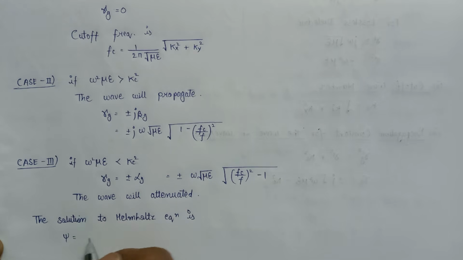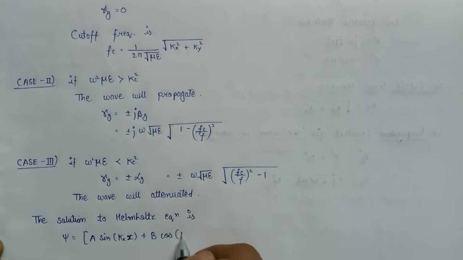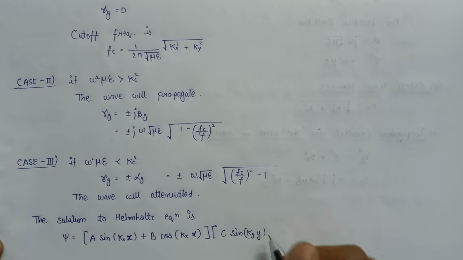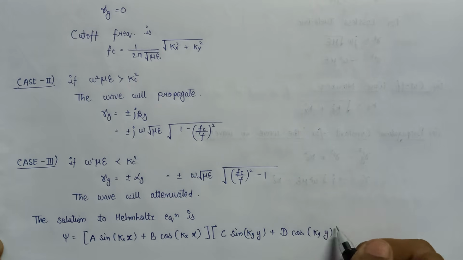sine, that is equal to a sin kx small x plus b cos kx small x, in multiplication with C sin ky small y plus D cos ky small y, in multiplication with e to the power minus j beta g z.